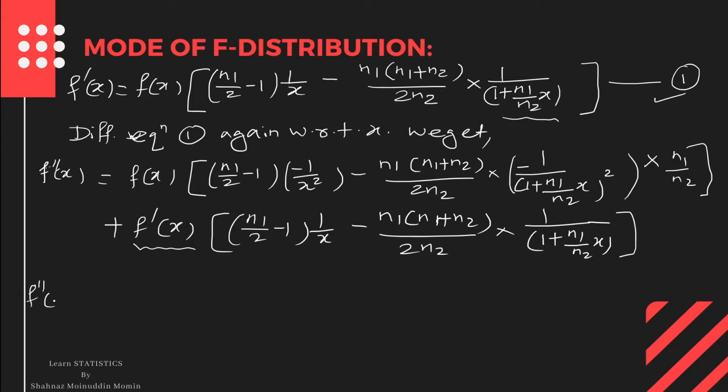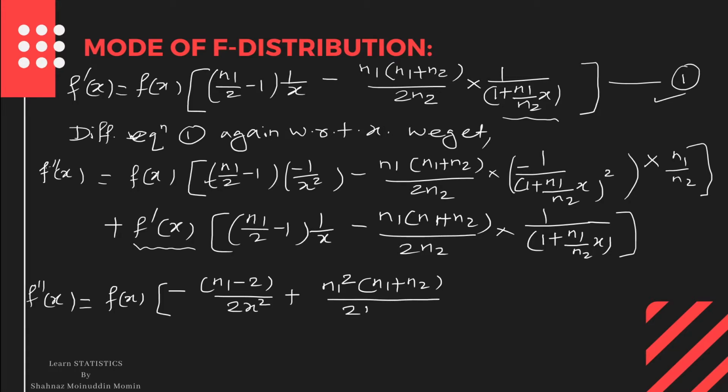Let me write f double dash x is equal to f of x into minus, I will solve this bracket also at a time, n1 minus 2 by 2 x square, minus, this minus and minus is plus, is equal to n1 square into n1 plus n2 by 2 n2 square multiplied by 1 upon 1 plus n1 by n2 x whole square. This is our first term.